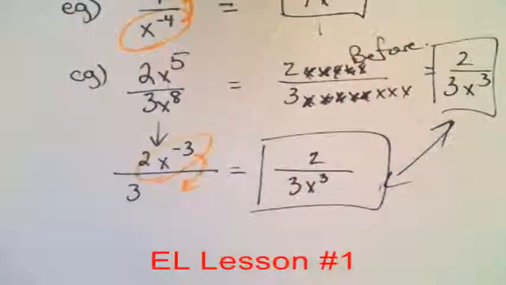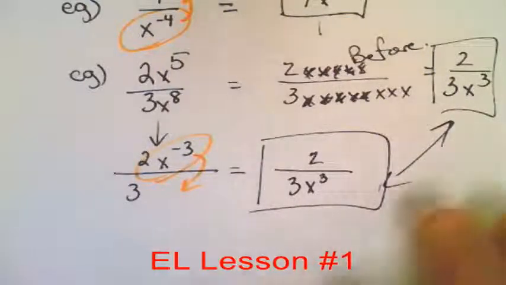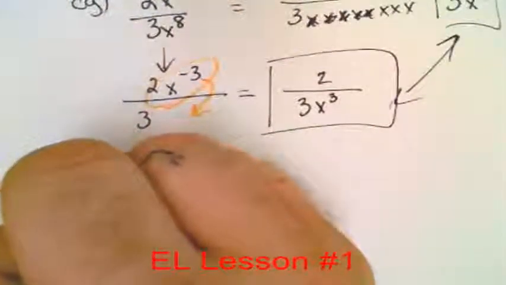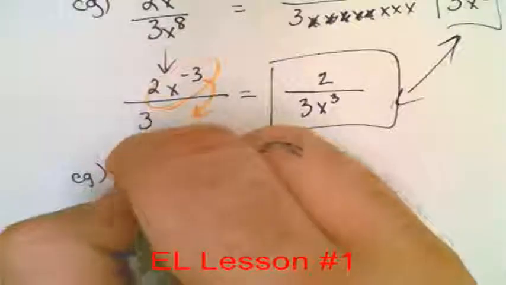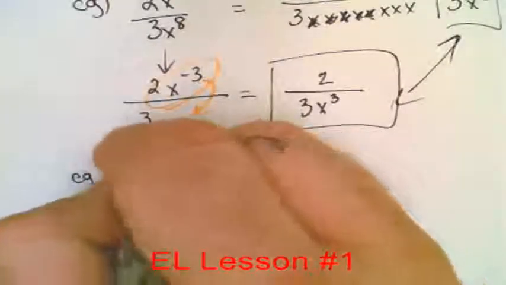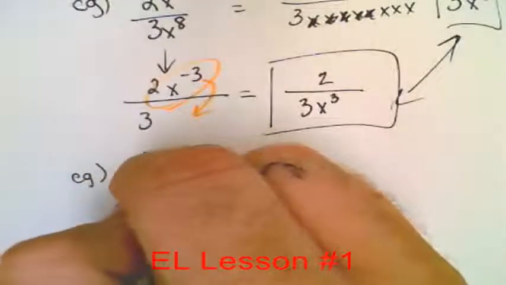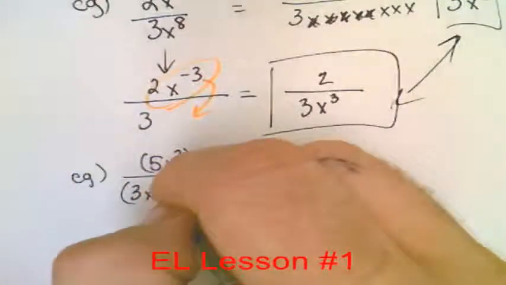It's up to you which one you prefer. But there were a lot of people making these cases before. So then that x to the negative 3 flips down. It becomes x to the positive 3 in the bottom. The 2 is still in the top, the 3 is still in the bottom, and you get the same thing. Either way, it's the same. It doesn't matter how you do it.